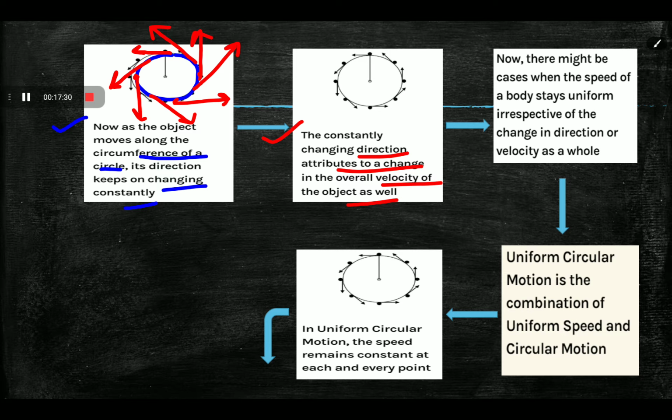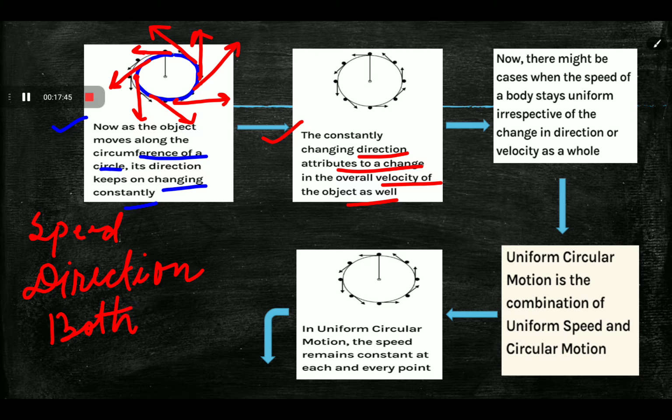We know that the velocity of the object can be changed by three factors. First is the speed, second is the direction, and third is both. And when we fix the speed and the direction is constantly changing, then we can say that the velocity of the object is changing, because velocity is always associated with the word direction.